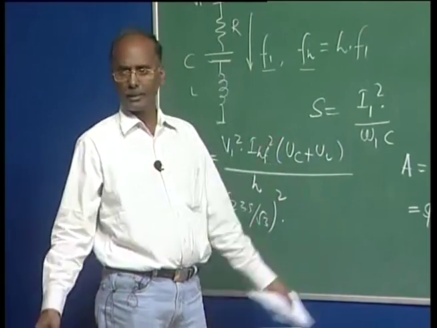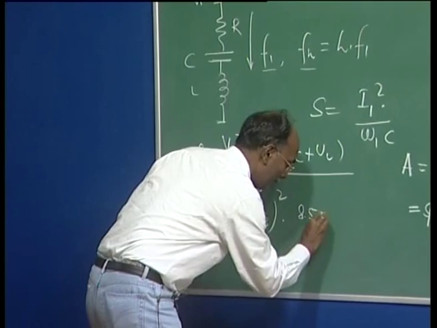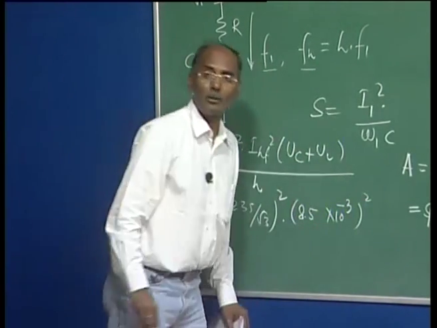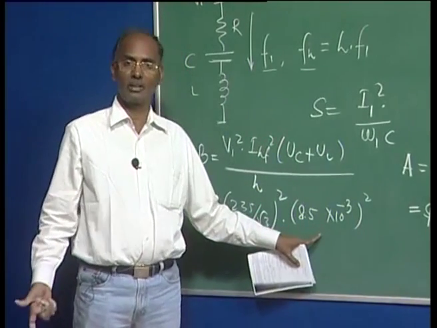If you can take 85, otherwise factor, so we can take 85. So, it is 85 into 10 to the power minus 3. Why am I writing minus 3? Because I am making it in kilo. So, this kilo now becomes MVA.